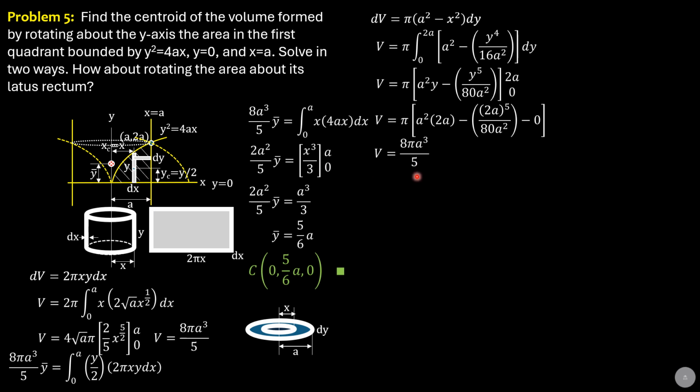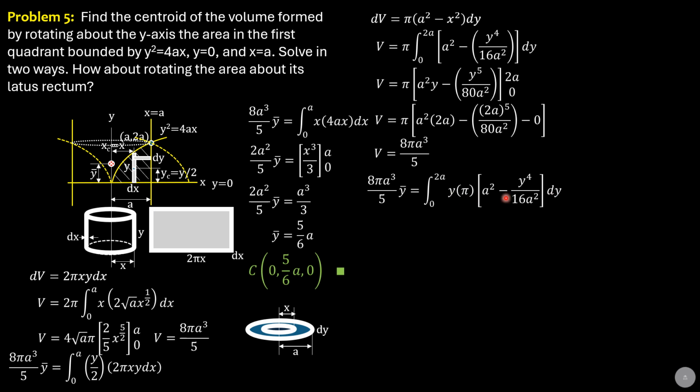So by first moment of a mass, 8 pi a cubed over 3 y bar equals integral of y sub c. Y sub c is just y, the distance of the centroid of this washer from the x-axis is simply y as shown.